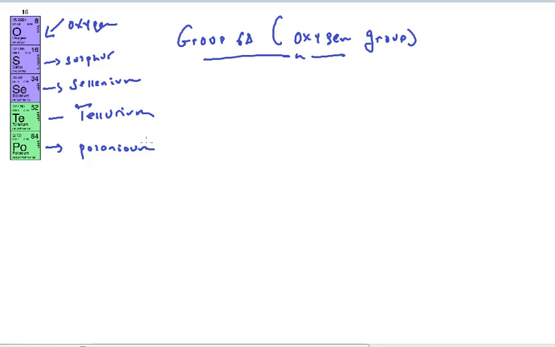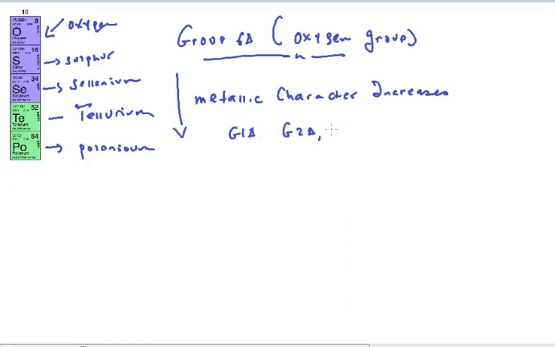Now what you can notice from here is that as we go down the group, metallic character increases. That's one of the points that we need to remember. This happens in group 1A, in group 2A, and you can also see it here in group 6A, even though group 6A are non-metals, right? But as we go down the group, the metallic character increases.